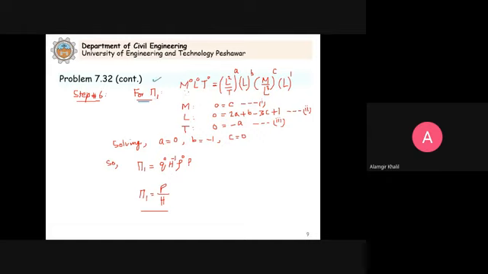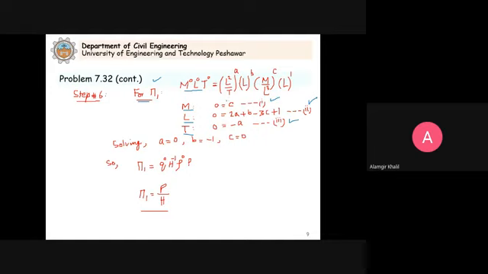So for pi 1, we write down this here. Now you put the dimensions for the parameters that we already wrote down in step number 2. And we satisfy the principle of dimensional homogeneity. Based on that, we can write down these 3 equations, that the dimensions on both sides must be identical.